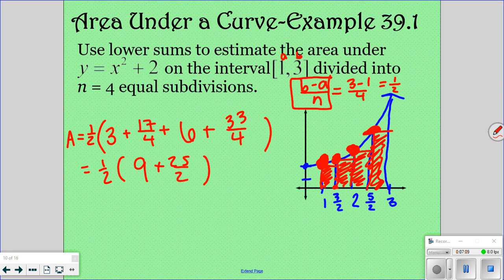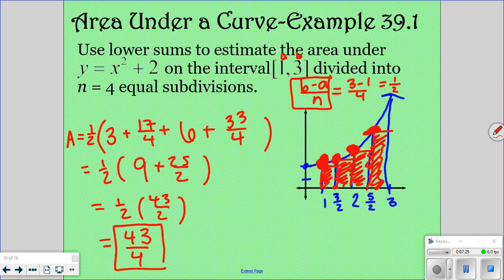So then 25 over 2 plus 9 gives you 43 over 2. And then multiply it by 1/2, and that gives you 43 over 4 for your area. So that's an estimation for the area under the curve.